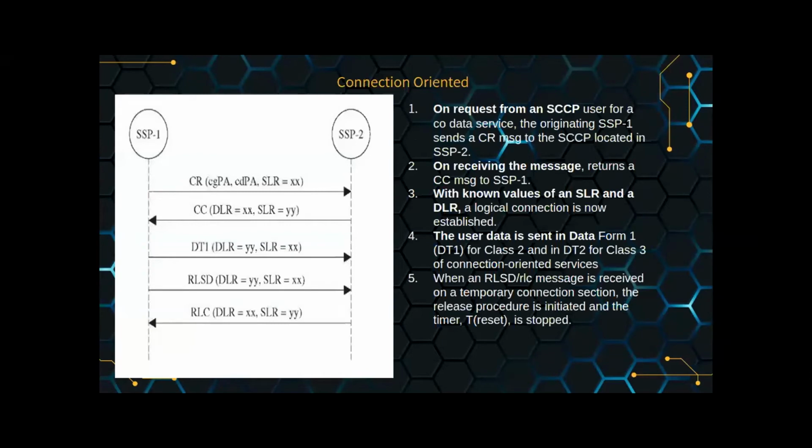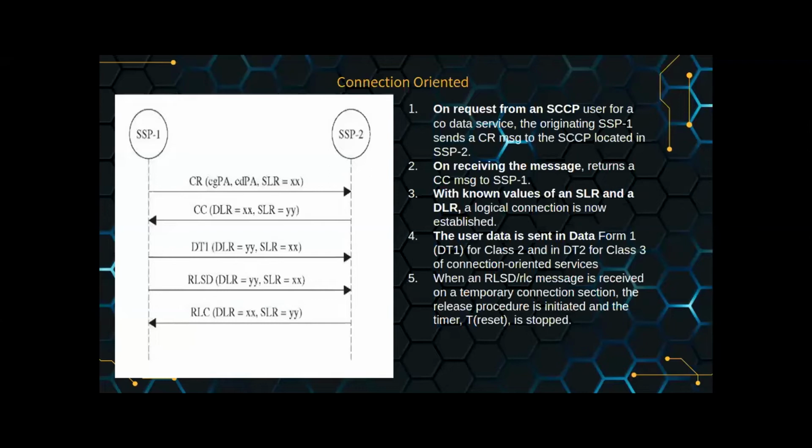If we look at connection oriented SCCP, the process starts with a message where a connection request is made from an SCCP user on a connection-oriented data service in the originating SSP.